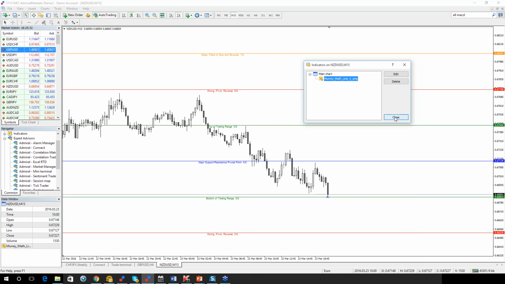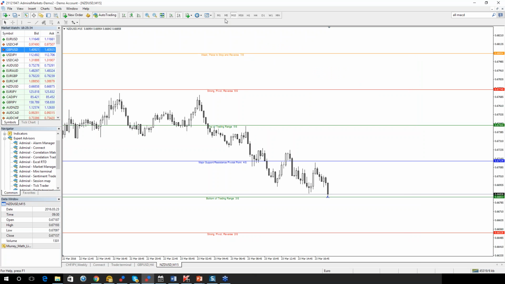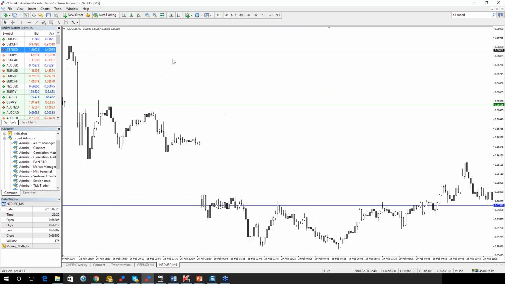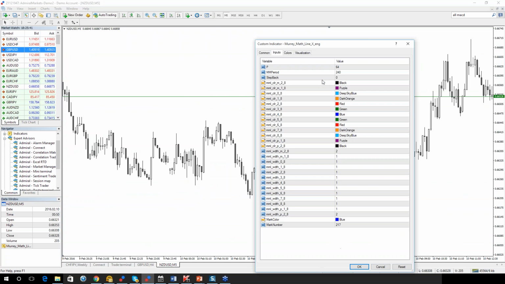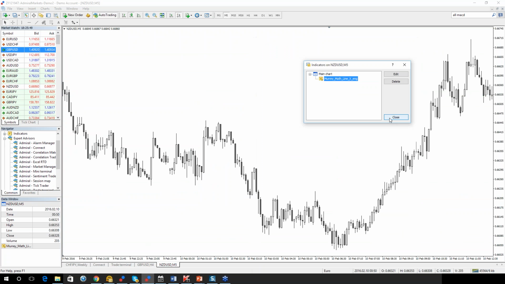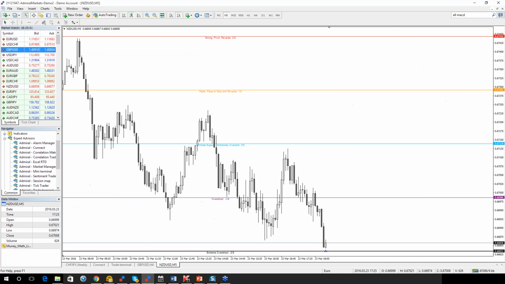It's up to your preference what the best time frame is. If you go on 5-minute, let's say you want to scalp, then I would place 60 here because you need to look at 1 hour. Of course, it's your choice.